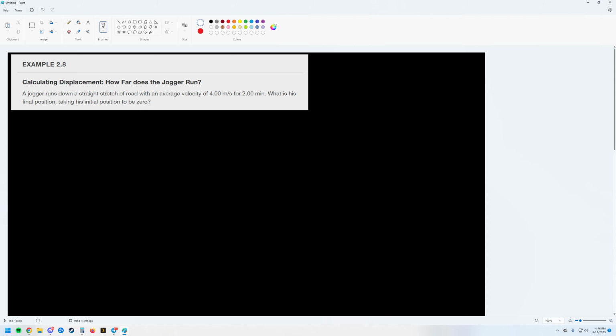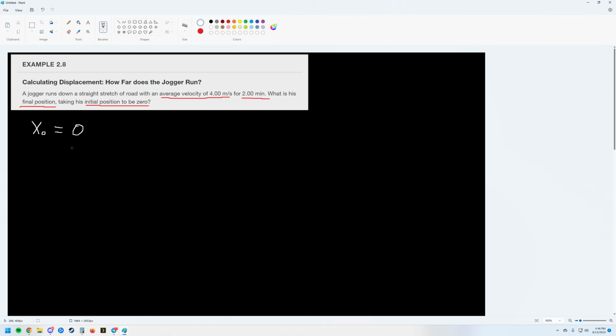We're given a jogger who runs down a straight stretch of road with an average velocity of 4.0 meters per second for 2 minutes. What is his final position, taking his initial position to be 0? First things first, the initial position, x0, is equal to 0.